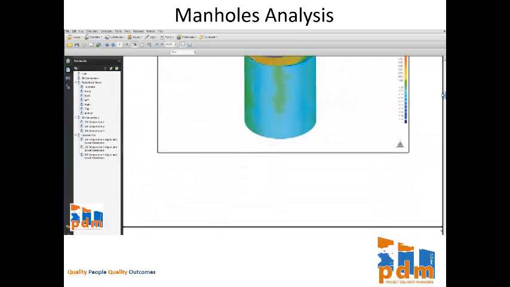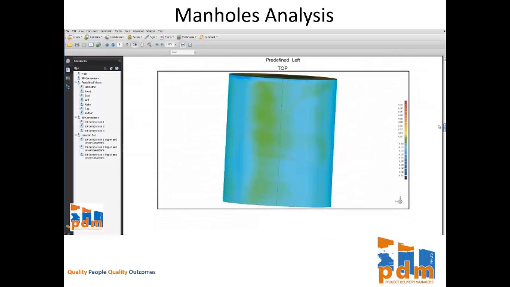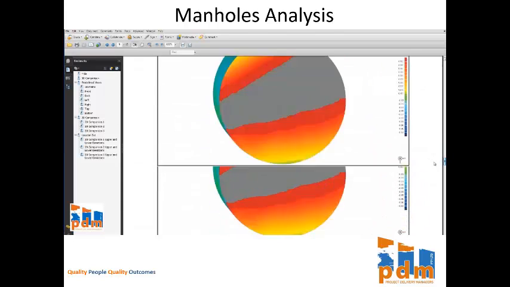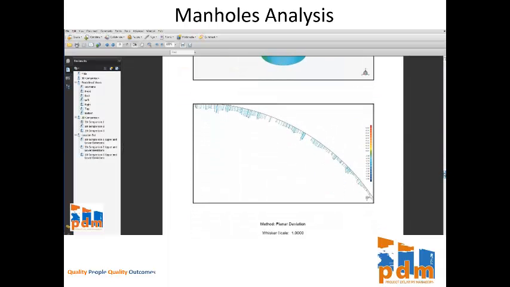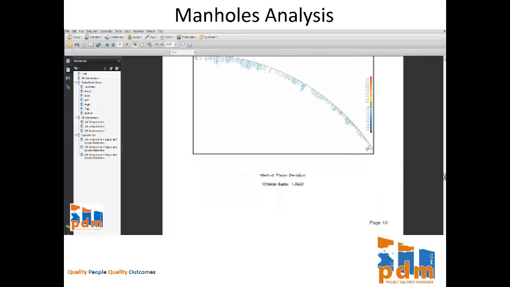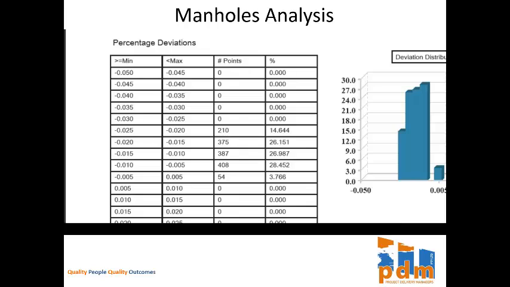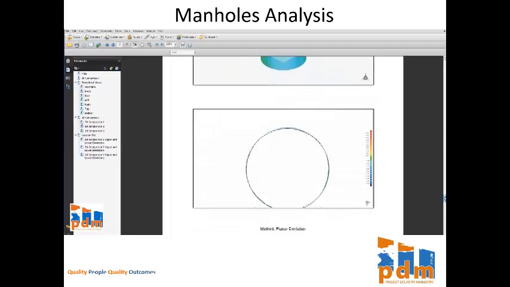Images of the colorization of the differences can also be seen in the report. The cross-sectional analysis in the report is very similar to what you've already seen before, with percentage deviations being reported.